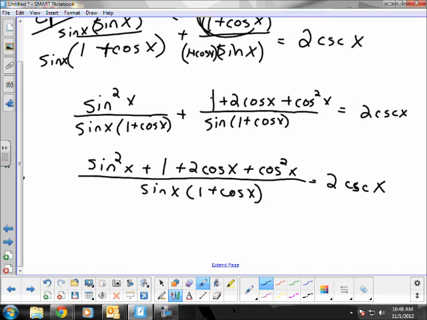Now, why did I want to do that? What benefit did I have to that? I got a sine squared of x and a cosine squared of x that are being added together, right? So it becomes 1 plus 1 plus 2 times the cosine of x over all of that.